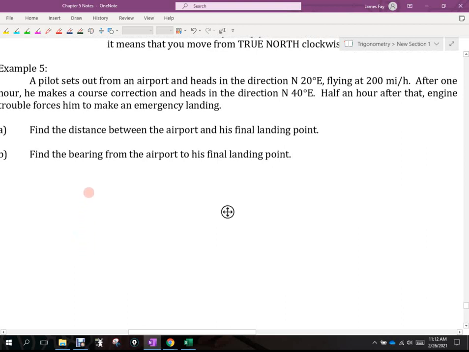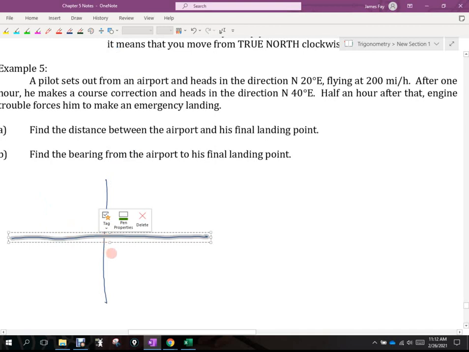Okay, so starting off, the way you do all these problems is that you're initially going to draw an X and Y axis, and his departure, the place that he started, is going to be the origin. It could be anywhere. Those of you that have worked with vectors in physics, this is a vector problem from physics.